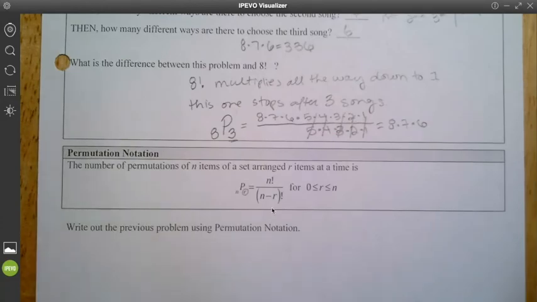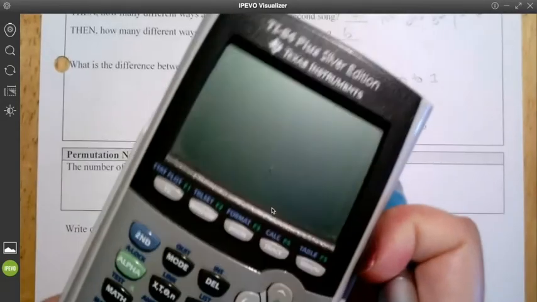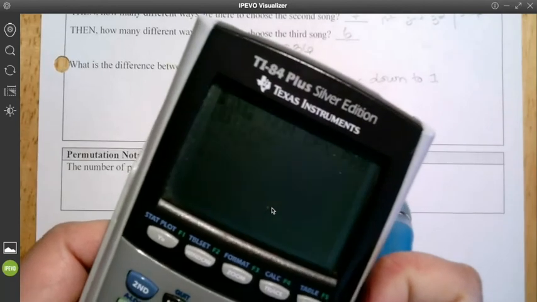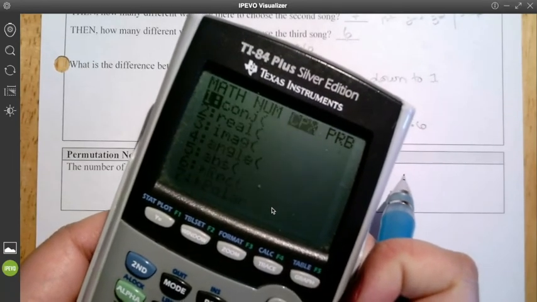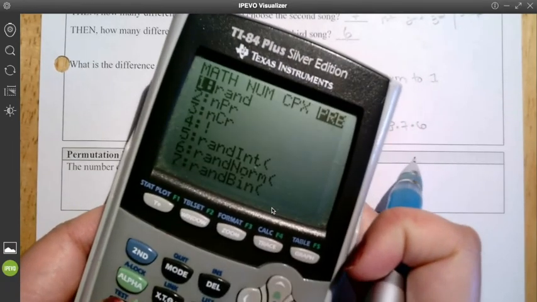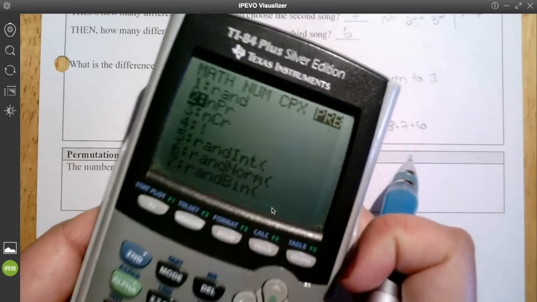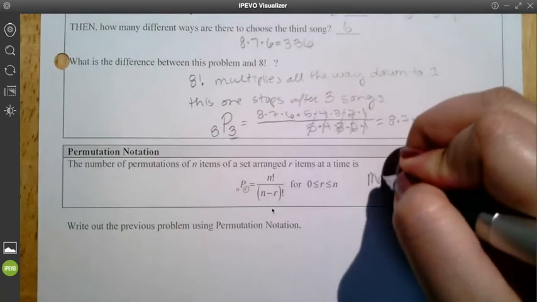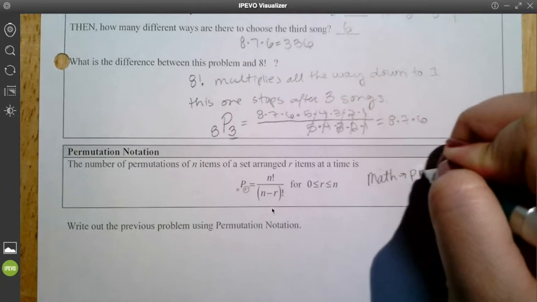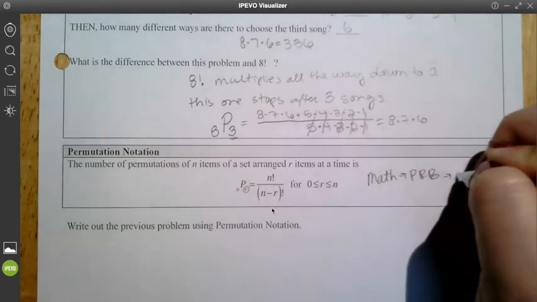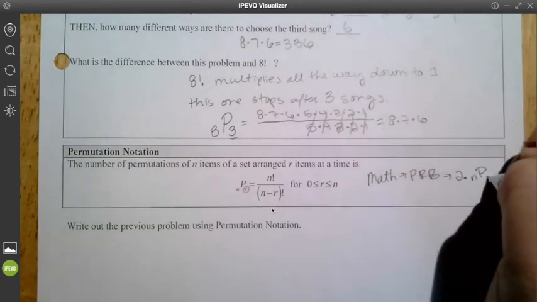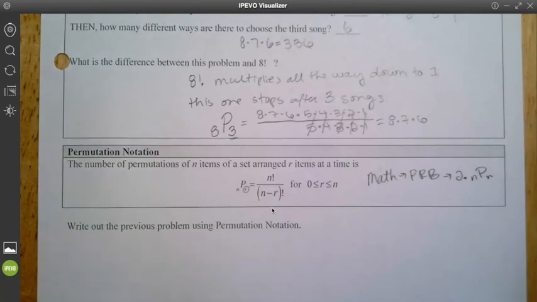Now, how do you do this on your calculator? Very similar to the factorial. You're going to go into math, over to probability, and down to option 2. So this is math, probability, option 2, which is NPR, or permutation.